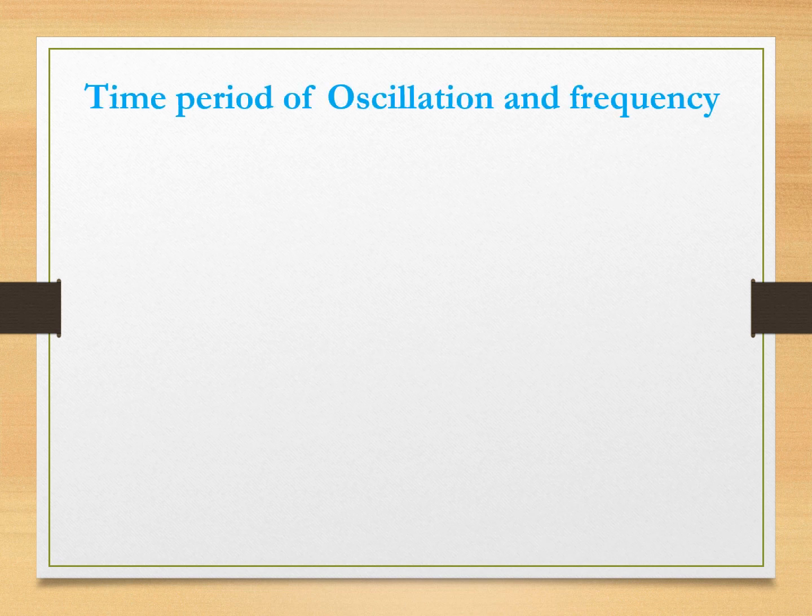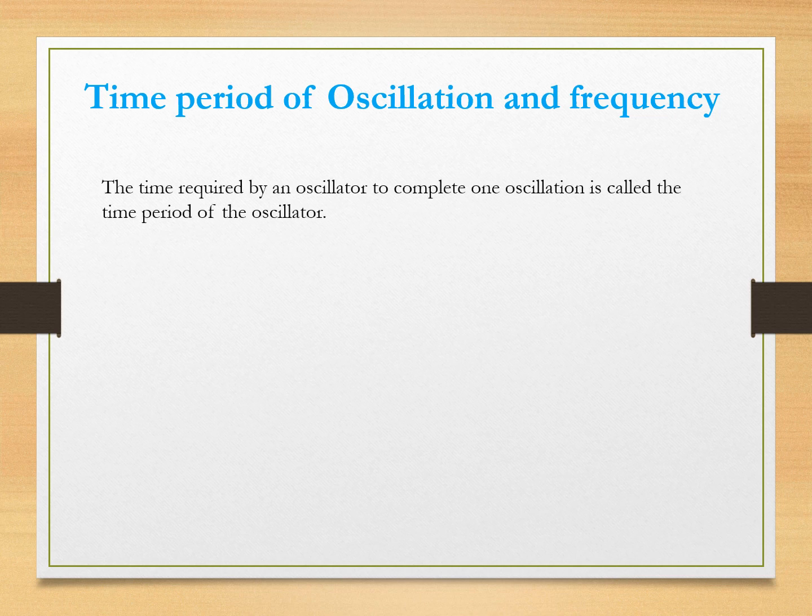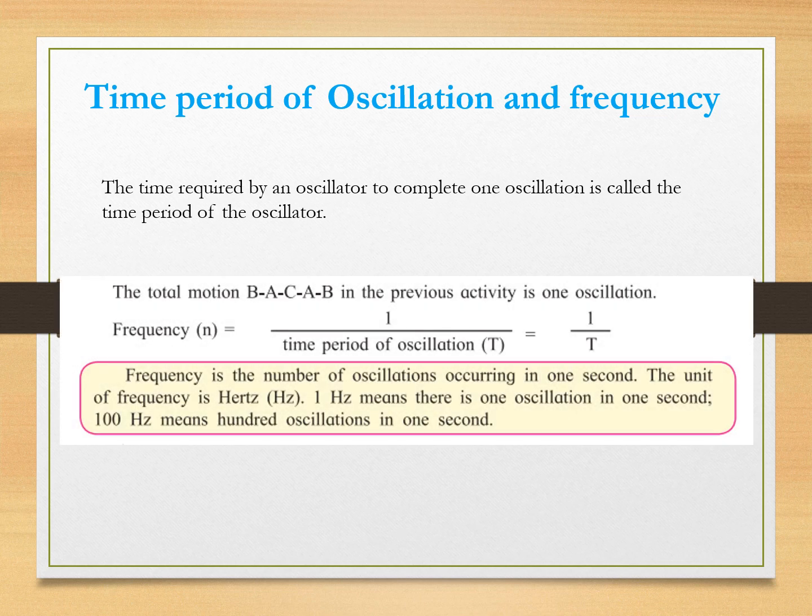Now let's discuss the time period of oscillation and frequency. The time required by an oscillator to complete one oscillation is called the time period of the oscillator. Now look at the figure given in your textbook on page number 120.